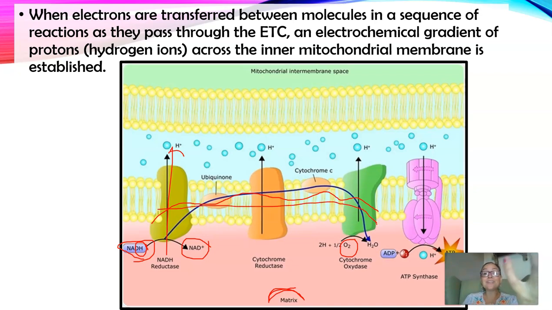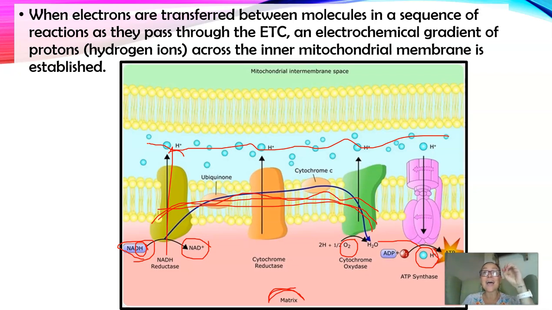So when oxygen gains those electrons and attracts them, it will also pick up some protons, some hydrogens. Now, that is how water is formed during cellular or aerobic respiration. So, as the electrons are passed down the electron transport chain, with oxygen being their final electron acceptor, they pump protons into this inner membrane space, establishing an electrochemical gradient.